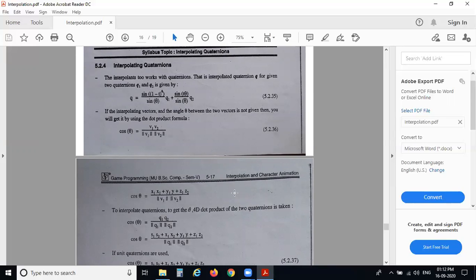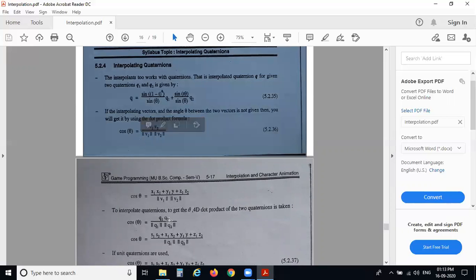Then by solving these quaternions, we take it as cos theta equal to s1 s2 plus x1 x2 plus y1 y2 plus z1 z2 divided by determinant of q1 and determinant of q2. So we replace v1 v2 with q1 q2. The vectors v1 v2 have to be replaced by quaternions. Just see this formula for cos theta and this is the formula for quaternions.